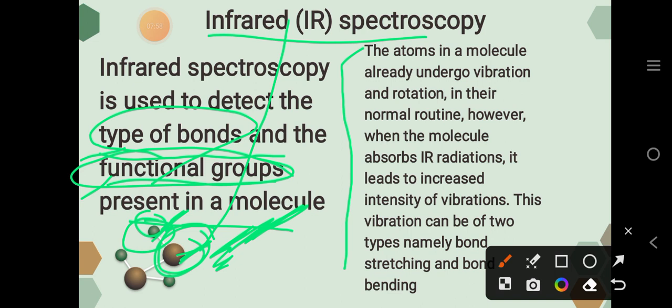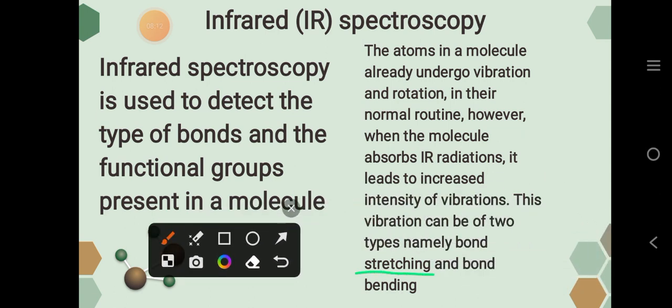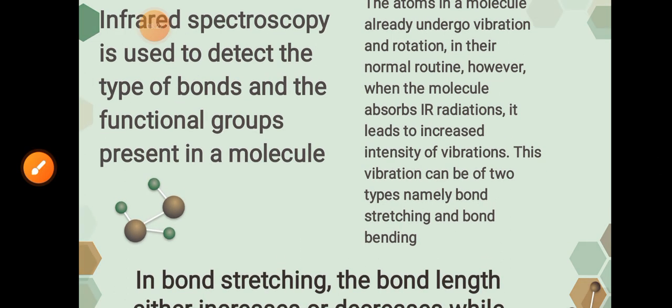Each atom undergoes vibration, and when these atoms absorb radiation, their vibration increases, and two phenomena occur: one, bond stretching, and another, bond bending. We will look at that in detail in the next slide.